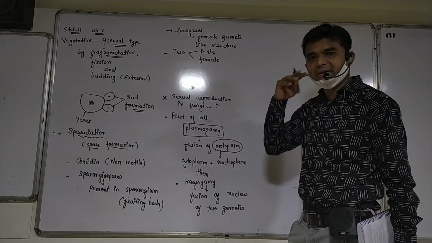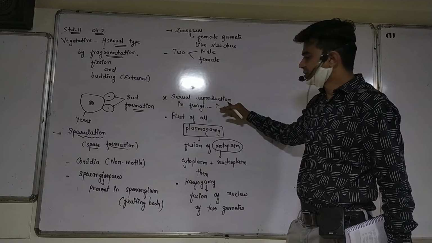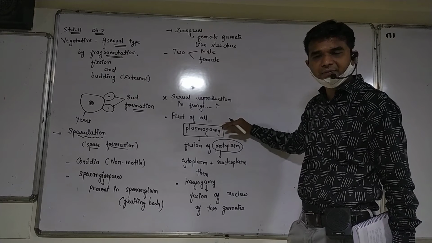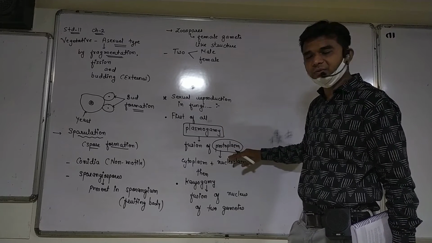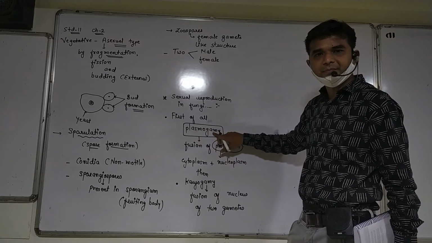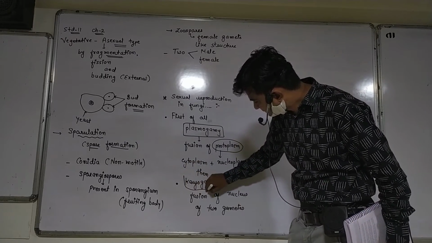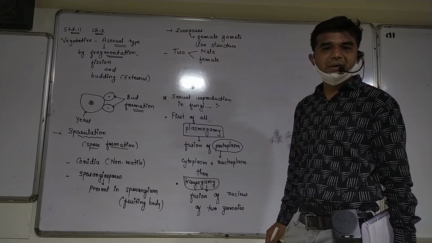known as nucleoplasm. So initially in sexual reproduction, when the male and female gametes are united together, at that time both the cells' protoplasm are fused together. It is known as plasmogamy. Gamy means fusion, and then followed by karyogamy.